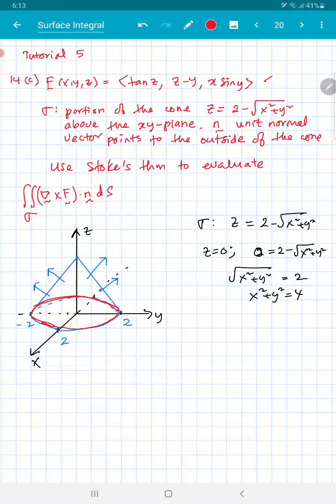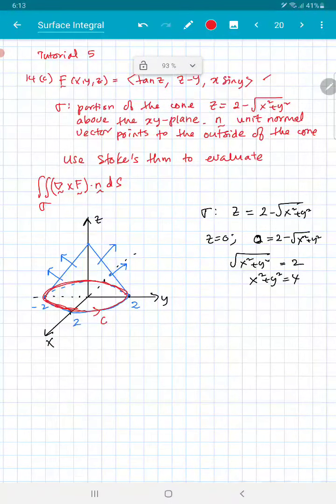That is our closed curve C, and we want to know its orientation. We use the right hand rule. If the normal vector points upwards, you put your thumb up, and then the direction of your fingers is the orientation of the closed curve, meaning that the closed curve here is in the anti-clockwise direction.